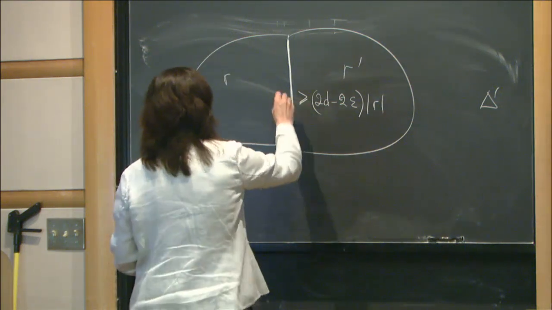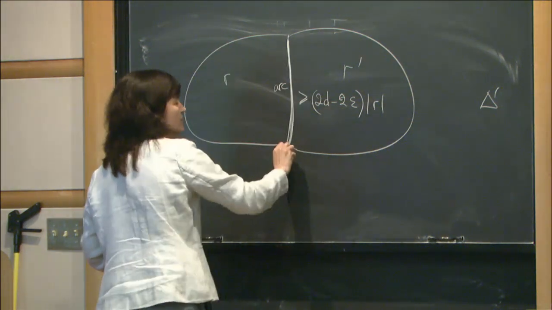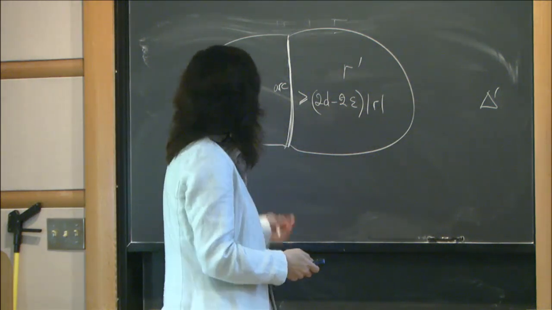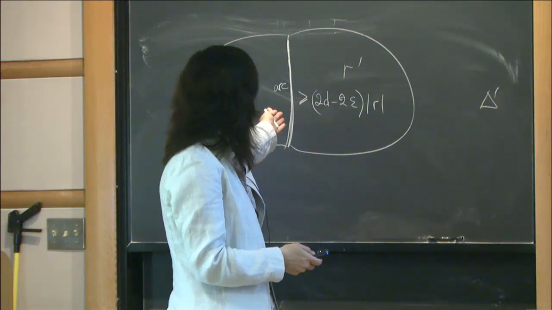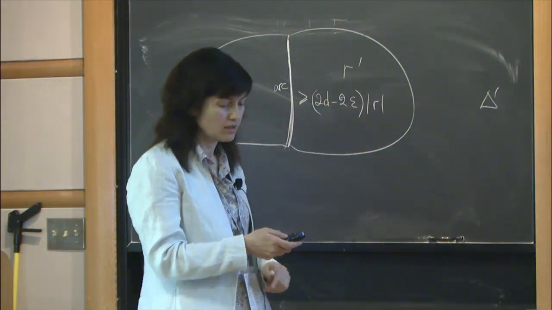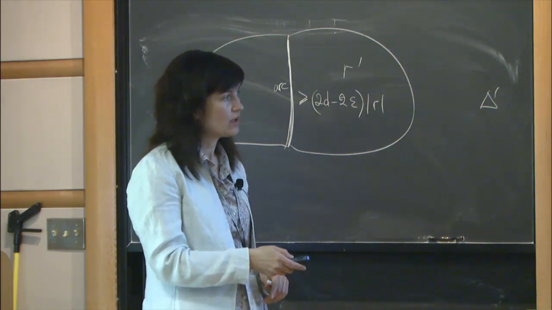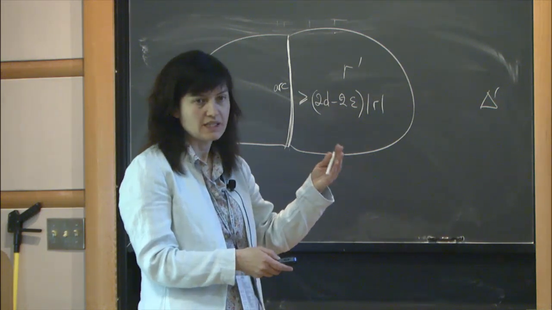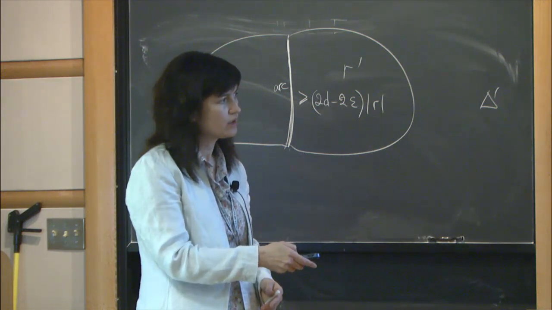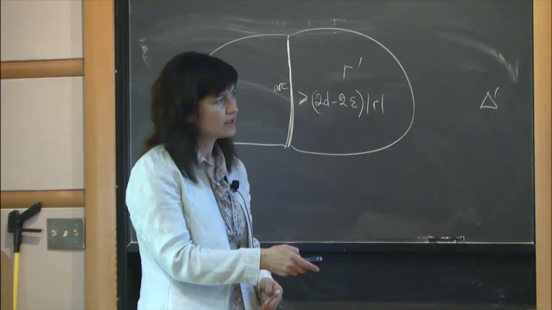So this is this arc. And I know the length of this arc is at least 2d minus 2 epsilon times the length of r. And the length of r, this is my t, right? So I do this little computation and I get this thing.